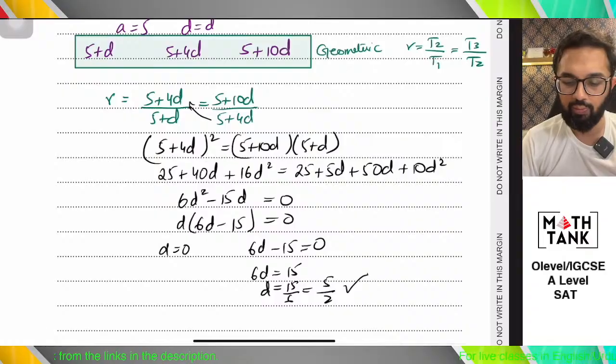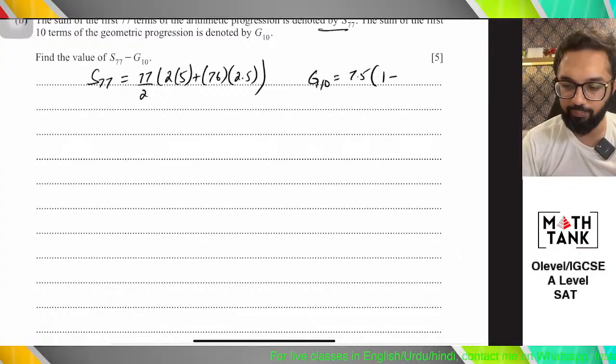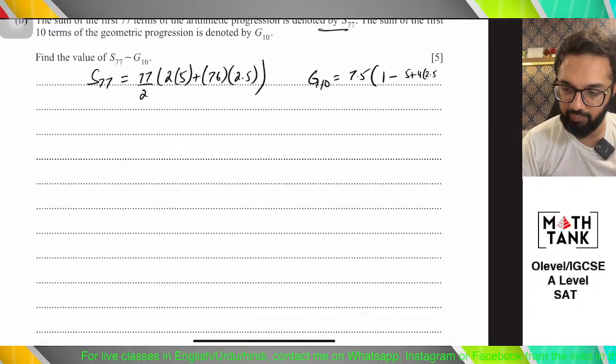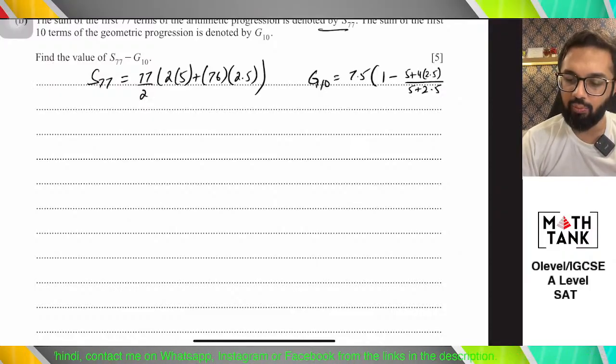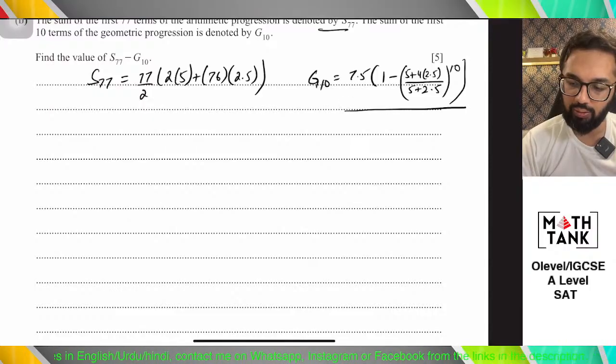r was just 5 plus 4d over 5 plus d. So the formula is a times 1 minus r to the power n over 1 minus r.